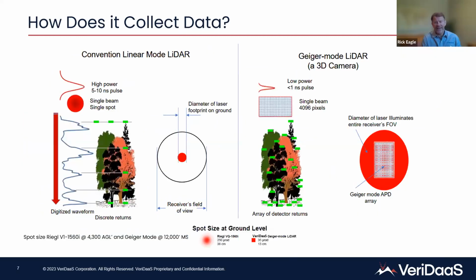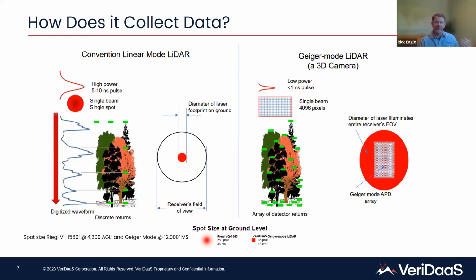So a little bit on the technical side of how the data works in comparison to a standard linear sensor. I have here on the left some information about a Riegl 1560i sensor. Most sensors are like this. There's a little bit bigger spot size for the linear sensors, and it's a big beam that's going down through the canopy.